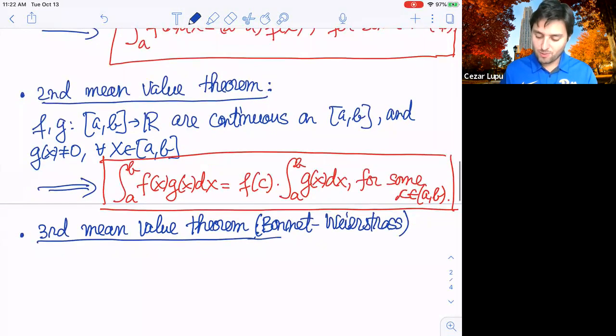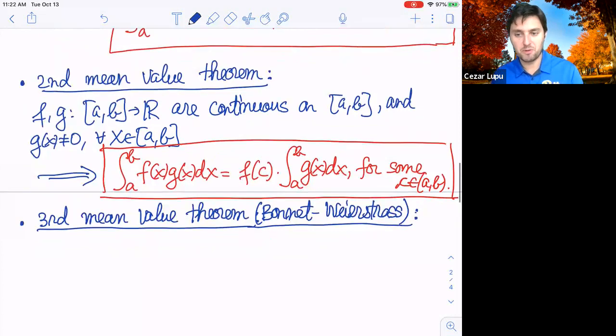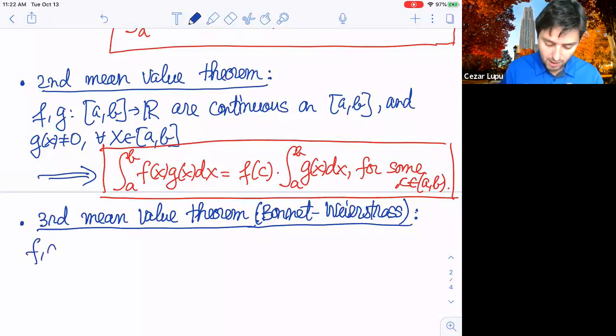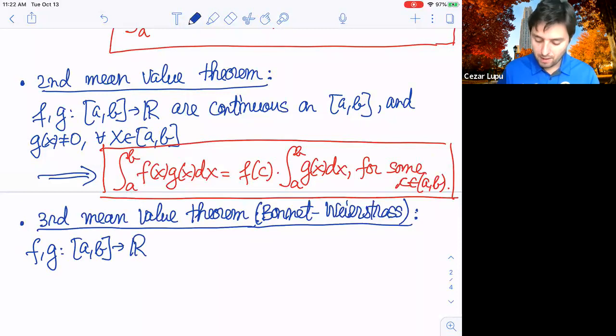Which is not quite well known. Unfortunately, this does not appear in any calculus textbook, and it says the following. Again, I'll have two functions, let's say f and g, defined on [a, b]. Let's say f is continuous.